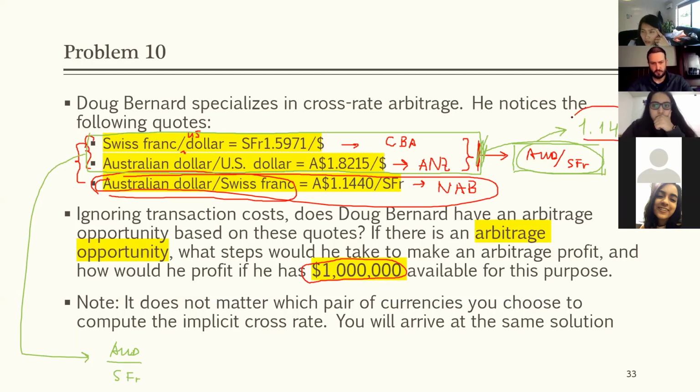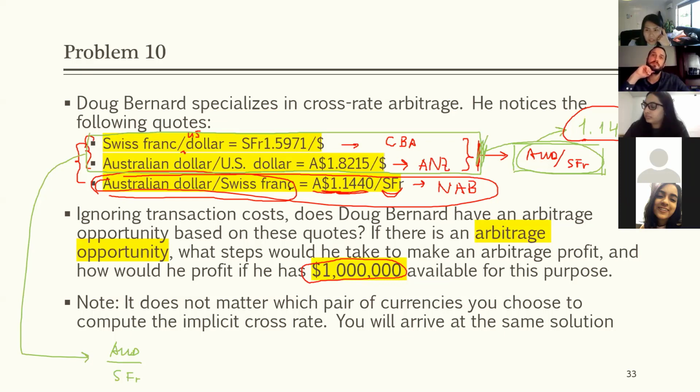So it looks like the Swiss franc is priced a little differently in two different places. This number means how much a Swiss franc is worth in Australian dollars. NAB is currently pricing the Swiss franc at 1.144, whereas CBA and ANZ only value the Swiss franc at 1.1405.